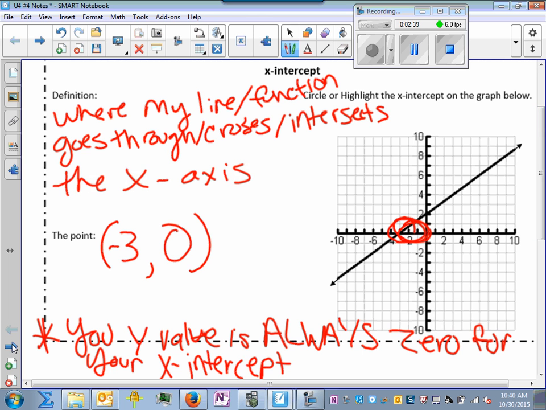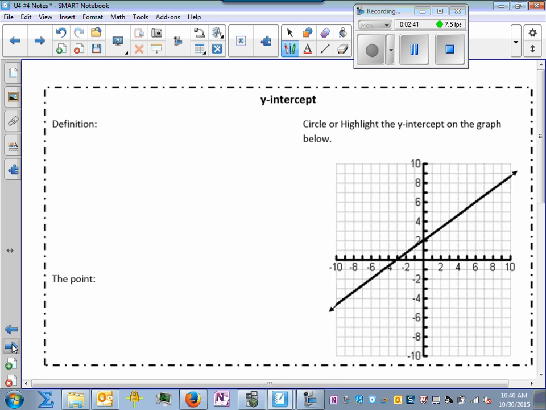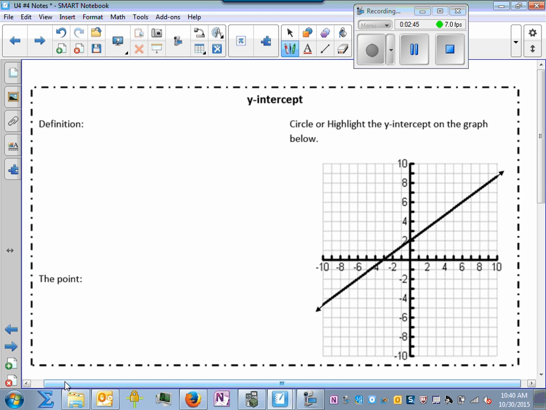Okay. Look off a neighbor if you're not done, or you can watch the video when you get home. So, what do you think the definition of my y-intercept is? Good.